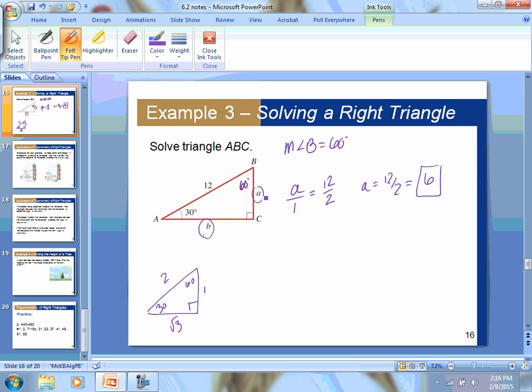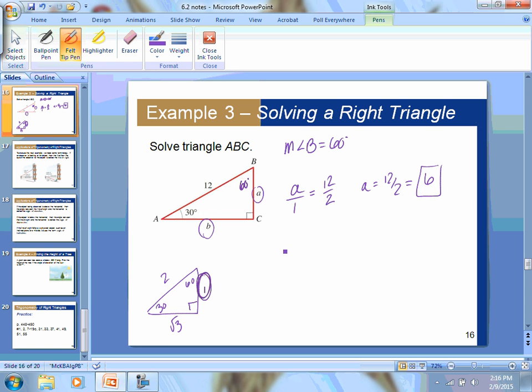And once you know the side that is the 1 measurement, I like to call that your home base, because then it's really easy to just multiply that number by whatever else you need to get to the other sides. So if I knew what this side was, I would just multiply by 2 to get the hypotenuse. Or if I know what that one side is, I would multiply by the square root of 3 to get the adjacent side.